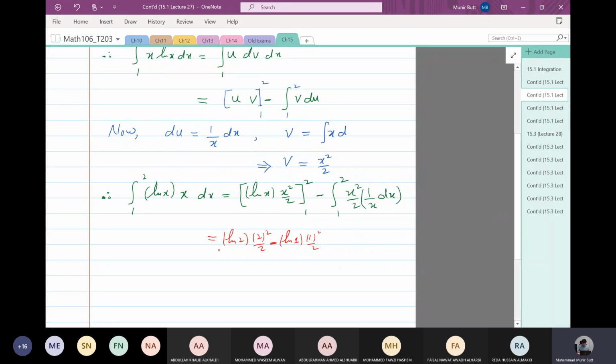This is the first part, and then here we still have left the integral from 1 to 2 of x over 2 dx. Now this will become 4 over 2, which is 2. So 2 ln of 2 minus 0, and here 1 by 2 is a constant, and the integration of x is x square over 2, and you plug the limit 1 to 2.